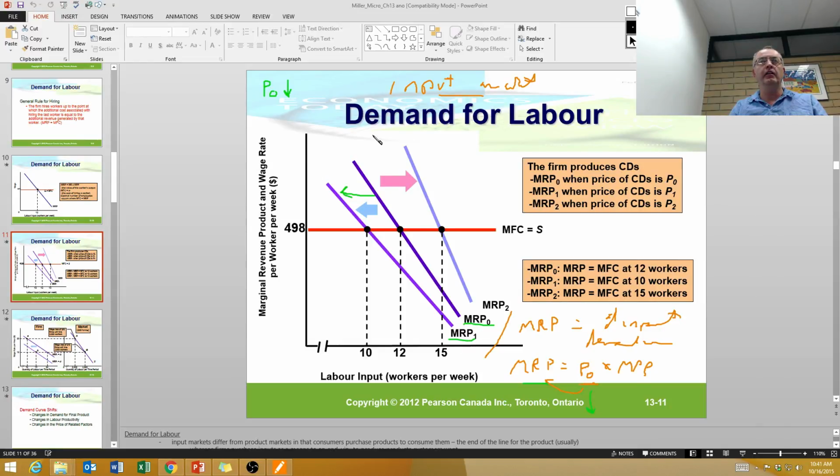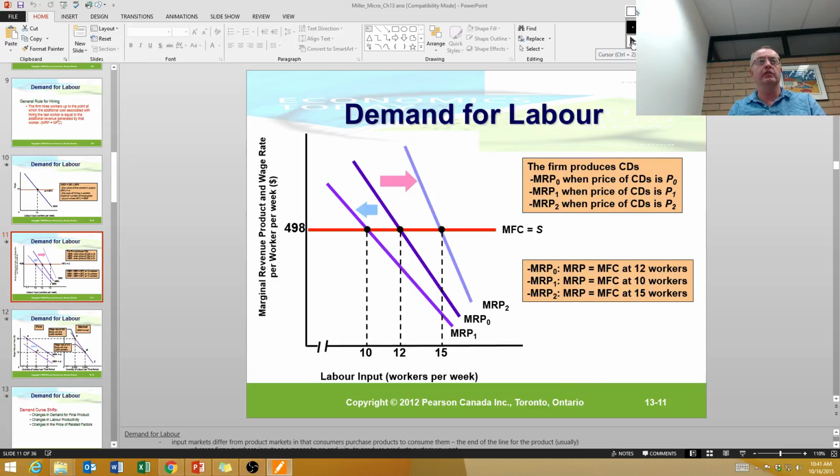And if the price of the output increases, then our marginal revenue product is also going to increase, and so the demand curve for the input is going to increase. So that's what this little diagram illustrates.